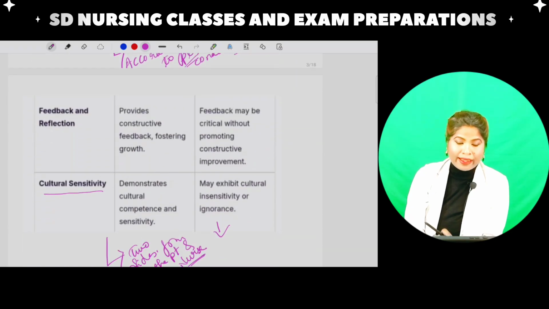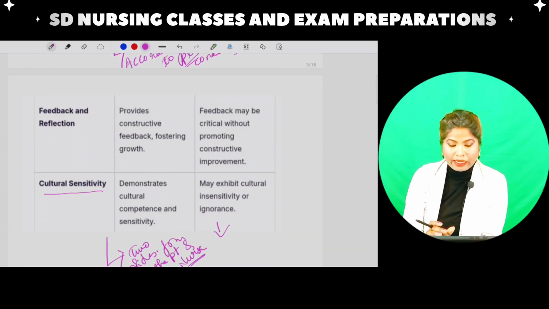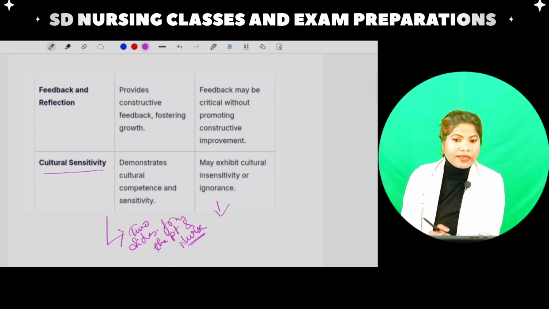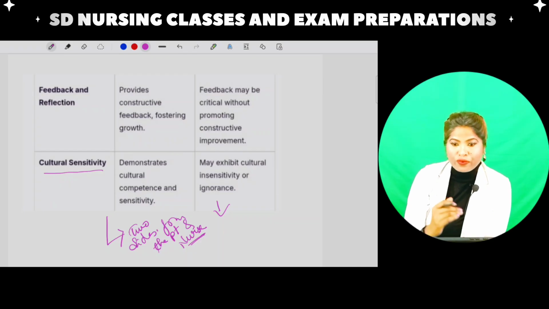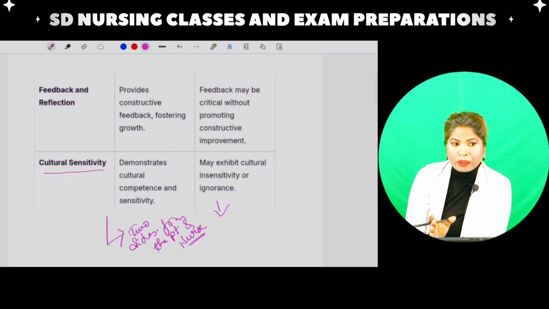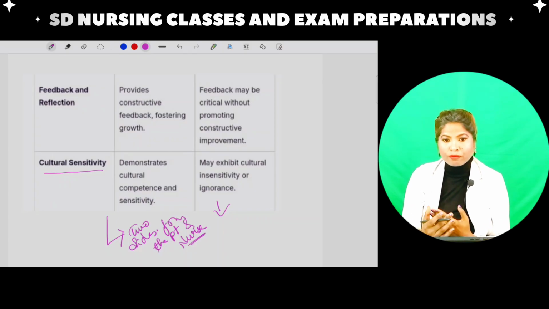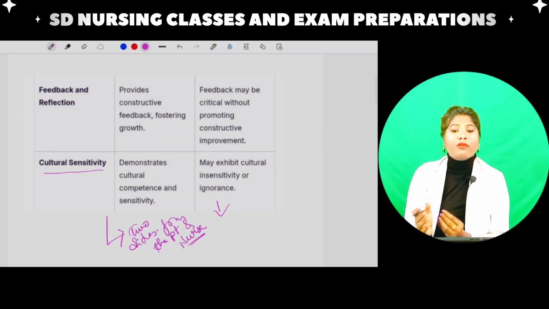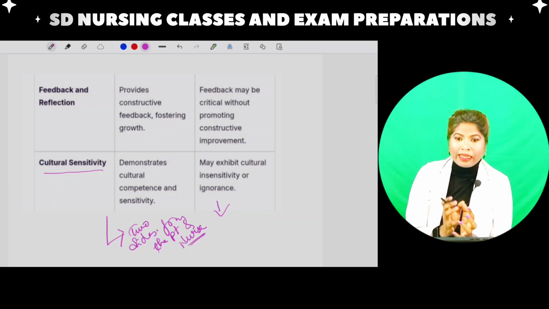Then feedback: yes, I told you that when we involve properly with the patient, then good feedback comes. If you don't involve properly, then negative feedback comes. Then cultural sensitivity: this is the clinical policy in which the patient and the nurse can talk together, and the nurse can collect information about the patient, and accordingly they execute the treatment plan.